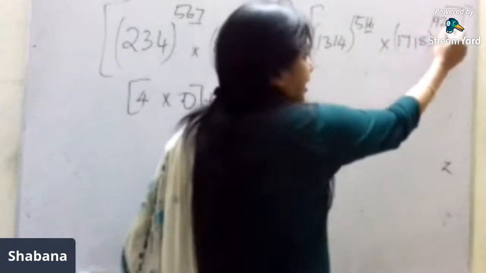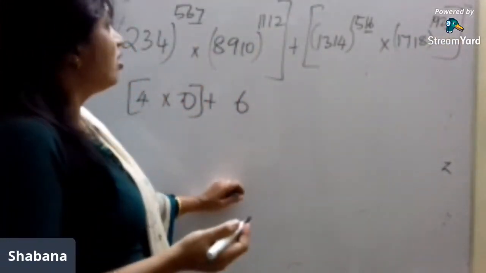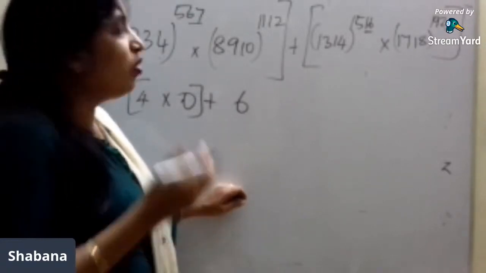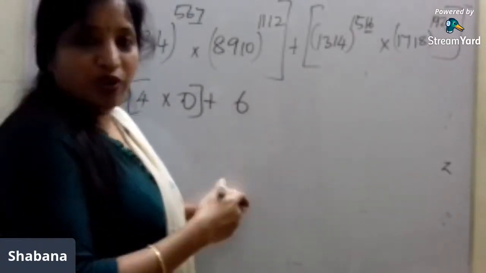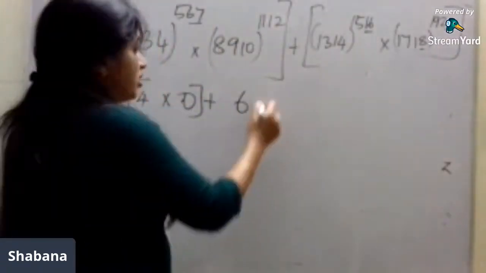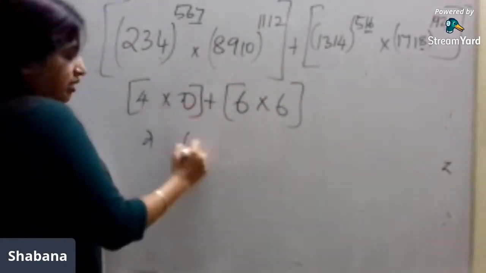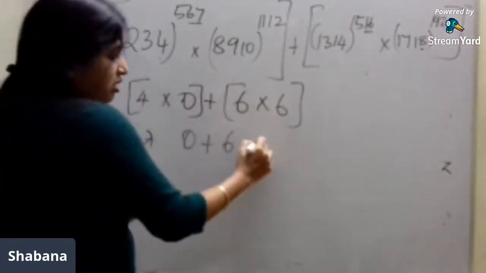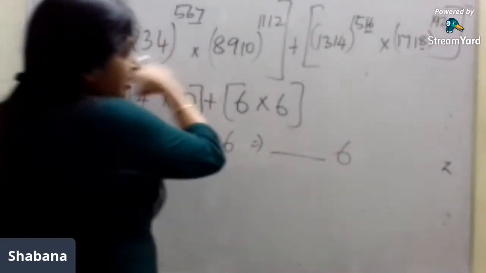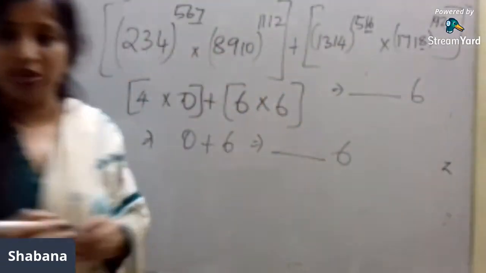And here 20 is again divisible by 4. So again you look out for odd or even. It is even again. So the last number is 6. So 0 into anything is 0, plus 6. Your answer will be 6. So ultimately this calculation will give you the answer 6 in your units place.